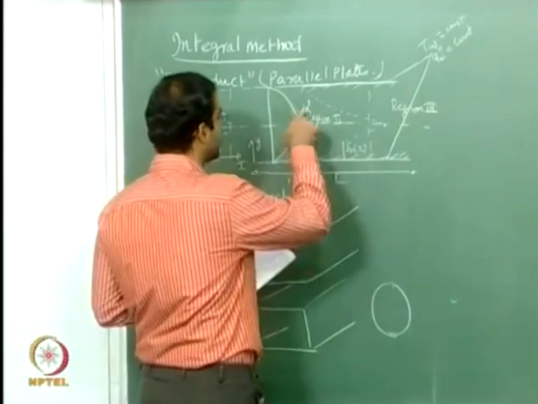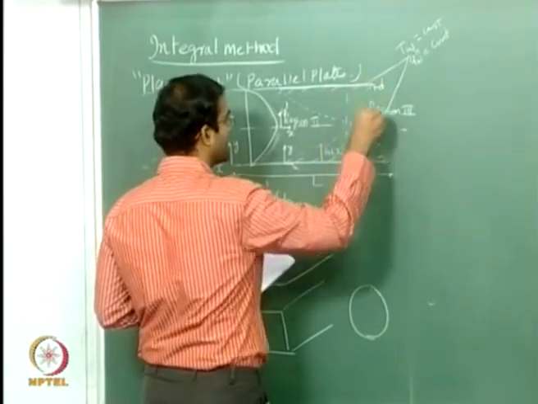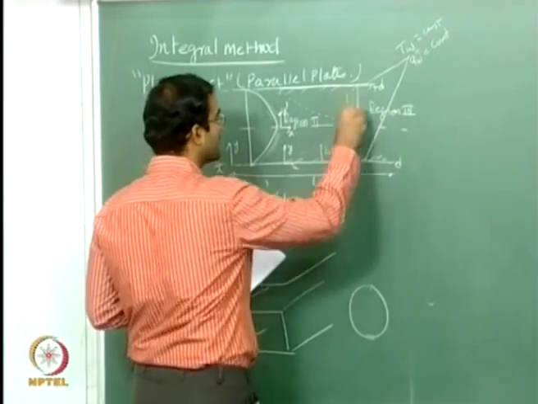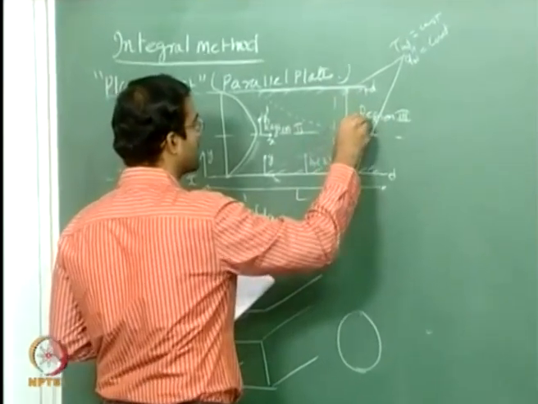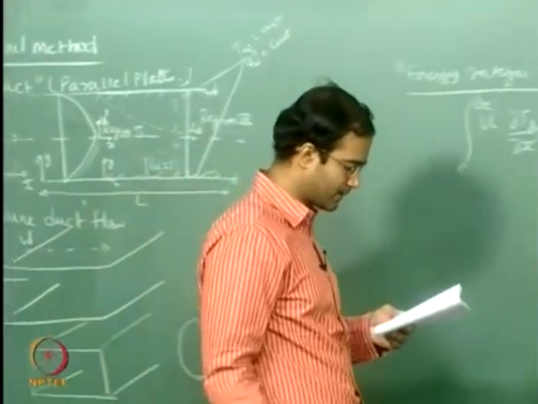From the center of the plate, this is at a distance of plus d and this is at a distance of minus d. So the total height of this separation between the two plates is 2d. This is basically my coordinate system.